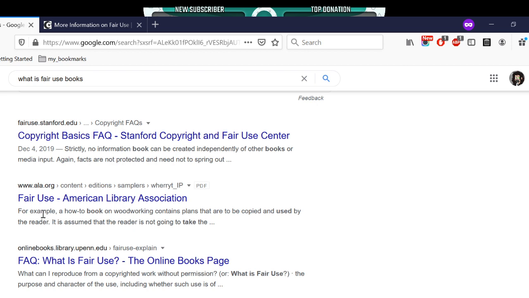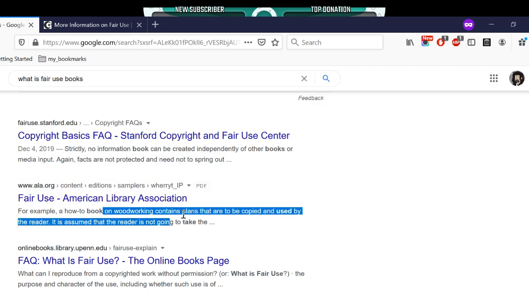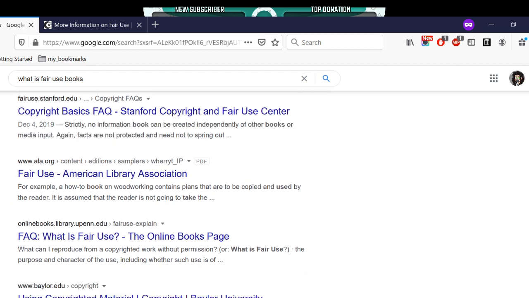So, okay, and I see, for example, a how-to book on woodworking contains plans that are to be copied and used by the reader. So this is going into specific kinds of books and specific uses, and I'm encouraged by the fact that they're giving me examples, which is something that I don't immediately see in the Stanford source. Let's look a little bit more.